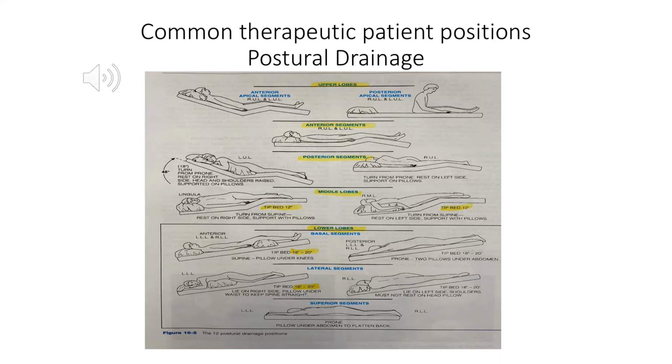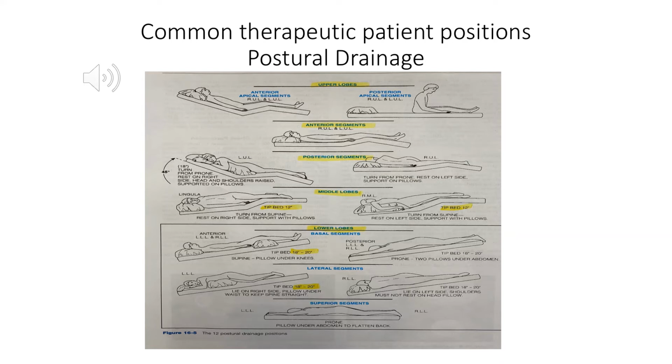If you take a look at the very top 2 graphics, the upper lobes, you'll see on the left the anterior apical segments are drained with the patient in what appears to be a semi-Fowler position. However, for the posterior apical segments, the patient is sitting forward in order to drain the right upper lobe and the left upper lobe.